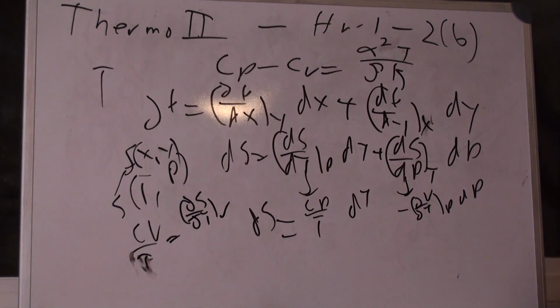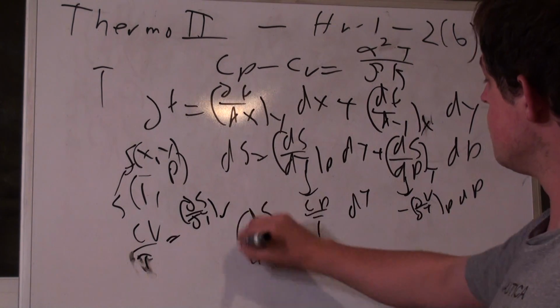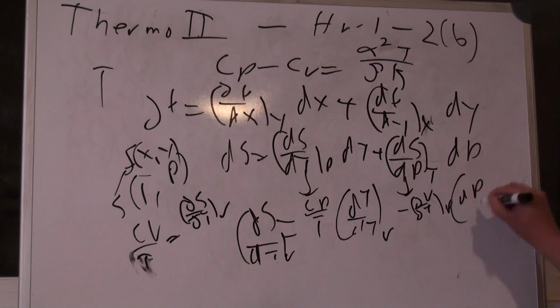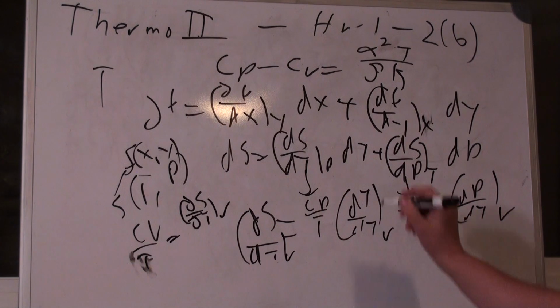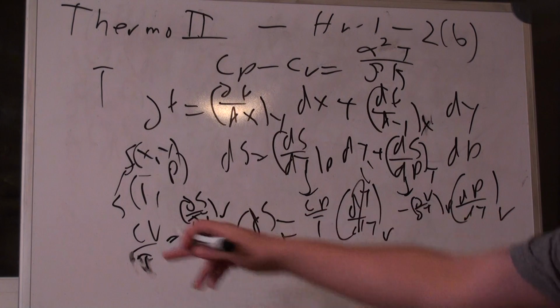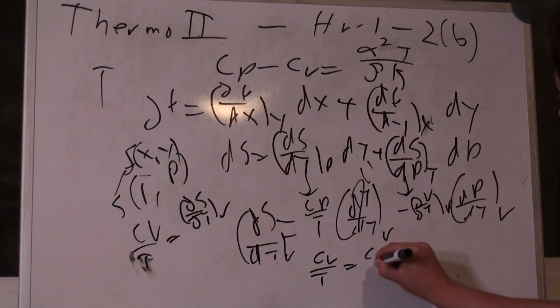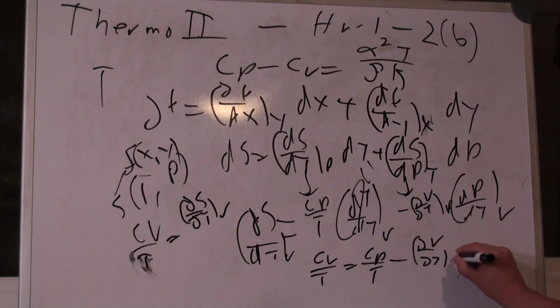So that means I should divide by dt, keeping v constant. And dt divided by dt, we already know that equals 1. And we already know that equals cv over T because that's what that is. So I've got cv over T equals cp over T minus dv dt at constant P times dp dt at constant v.